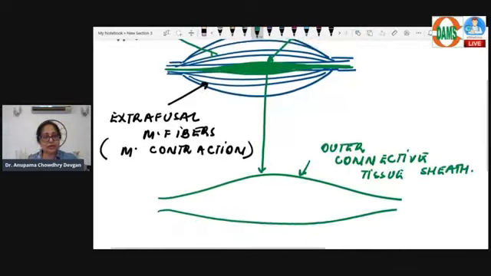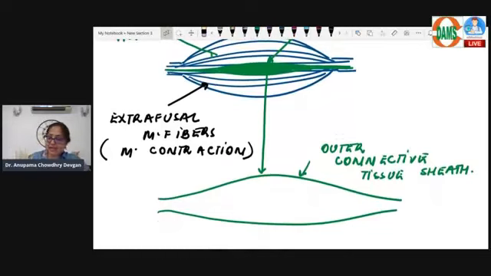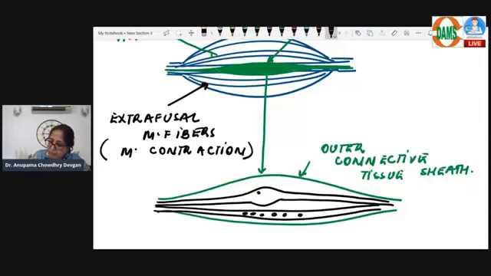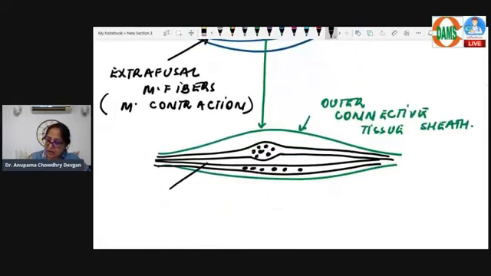Now, inside this connective tissue sheath, you have the intrafusal muscle fibers. Inside the spindle, you have these intrafusal muscle fibers, right?